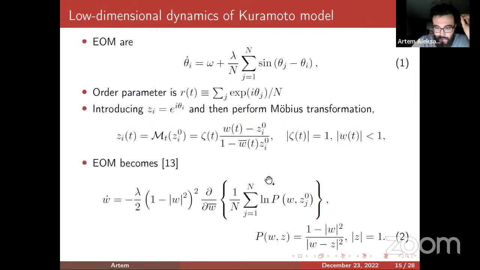Let me return to this slide. One can notice that the Poisson kernel is tightly related to the wrapped Cauchy distribution. If I integrate over Z, I obtain 2 pi. And if I introduce the normalized Poisson kernel, I obtain the wrapped Cauchy distribution.